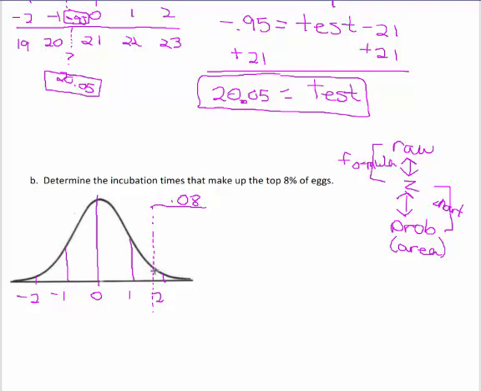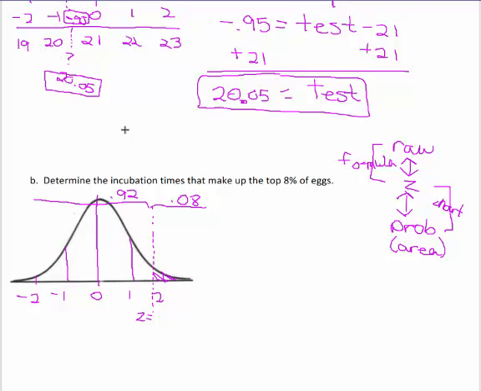Okay, but remember what happens when we're given the right side. Our Z chart does not read on the right side, so we have to go over here and get the left side. So what would the left side be? It'd be 1 minus 0.08, which is going to be 0.92. So in order to find this Z down here, I have to look up on the chart 0.92.